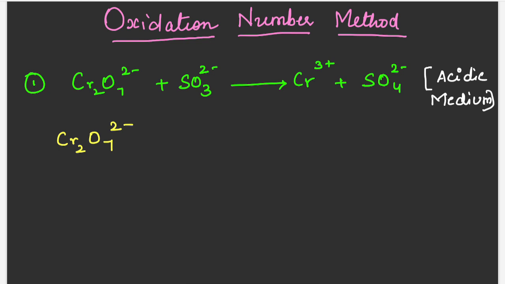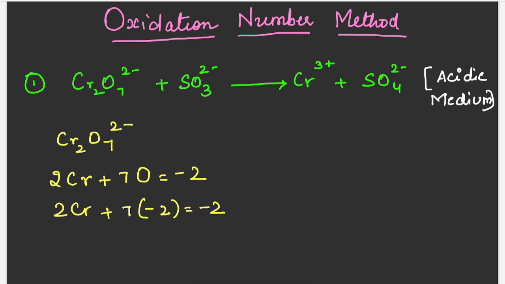Cr2O7 2 minus. First, how many chromium atoms are there? 2 chromium. So write 2 times Cr plus 7 times oxygen is equal to the charge present here, minus 2. For oxygen the oxidation state is minus 2. So 2 times chromium, plus 7 times minus 2, which is minus 14, is equal to minus 2.